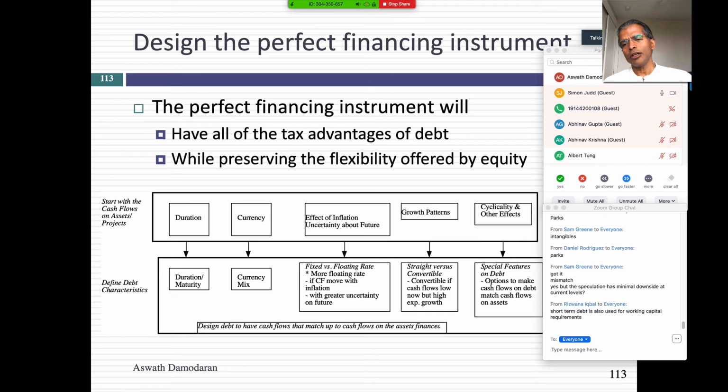At the end of 3 years, what if your project stream has dried up, or your projects have become long term, or they become a project in a different country, right? You don't know what will happen at the end of 3 years. Why lock yourself into a currency and a maturity when you have no idea what 3 years from now will deliver?